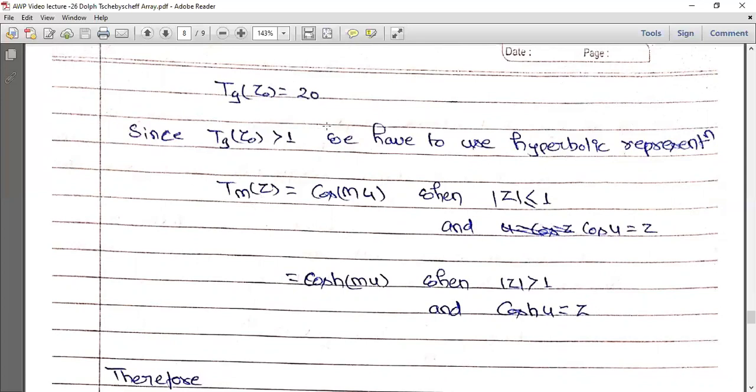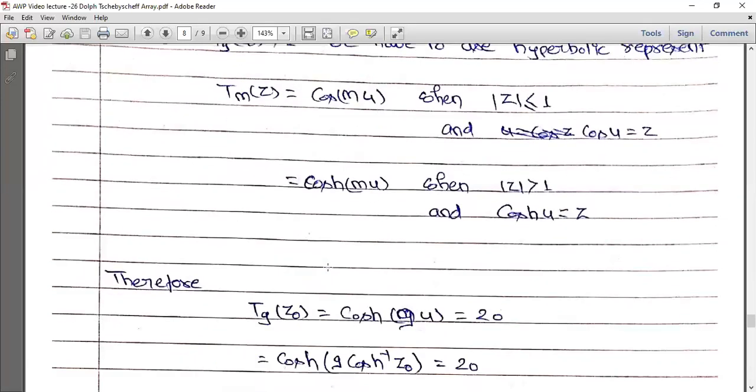If this value T9 z0 is less than 1, you use the cos mu function, where m is the order. But if this value is greater than 1, as in this particular case, you have to use the cos hyperbolic definition.